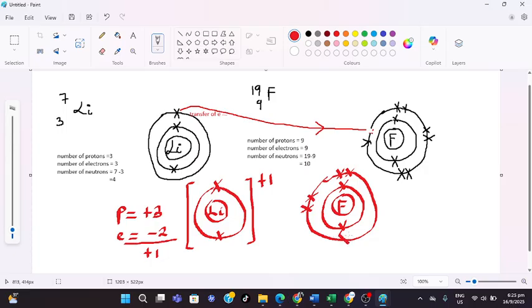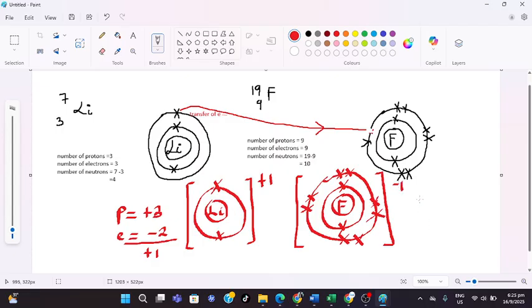Might have an extra one. Try it in a different color. So fluorine says, when I get the electron, I become negative.